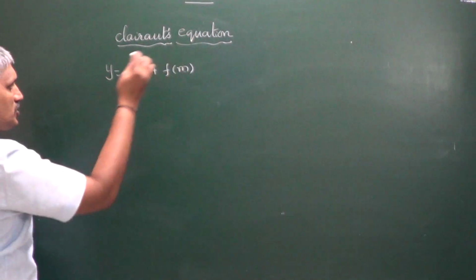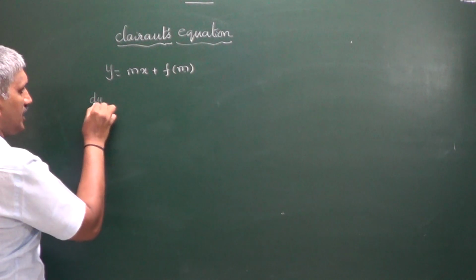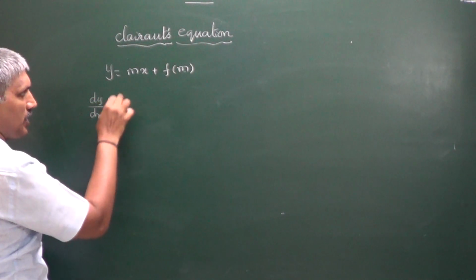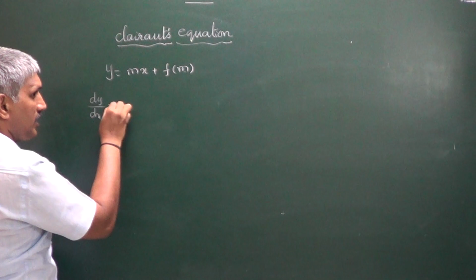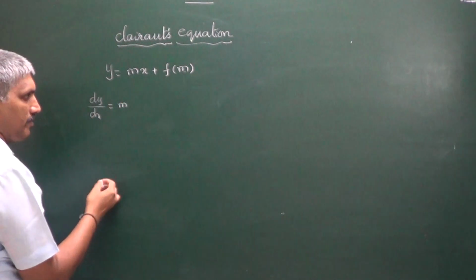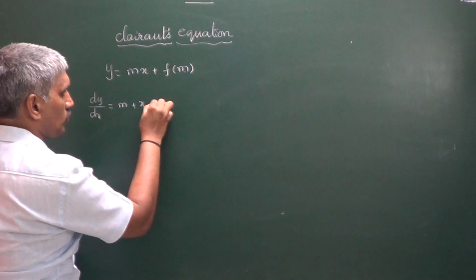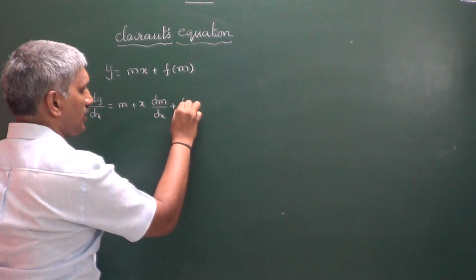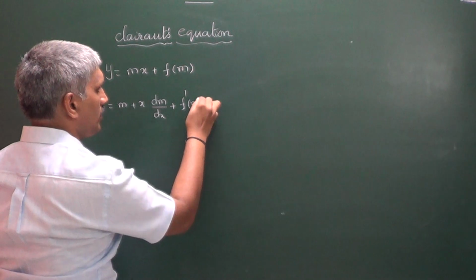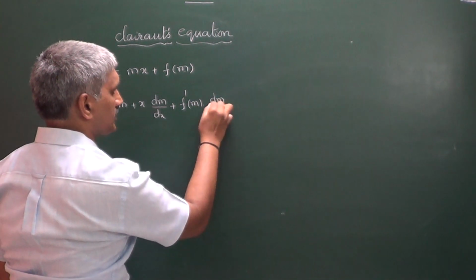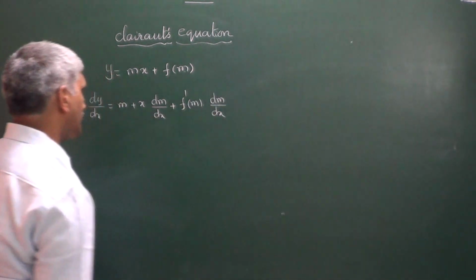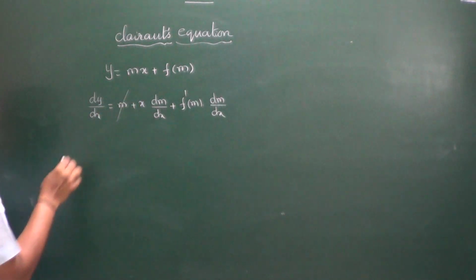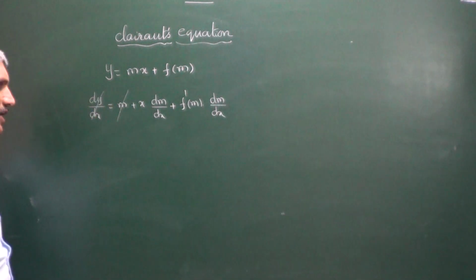First of all, differentiate both sides with respect to x. Here m = dy/dx. dy/dx = m + x dm/dx + f'(m) dm/dx. Now m means dy/dx, here also dy/dx, so cancel.